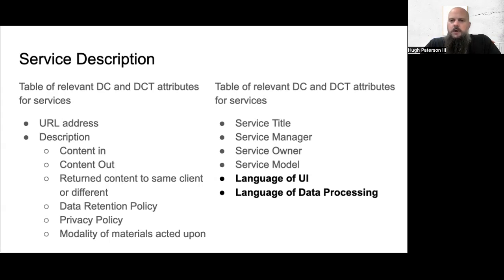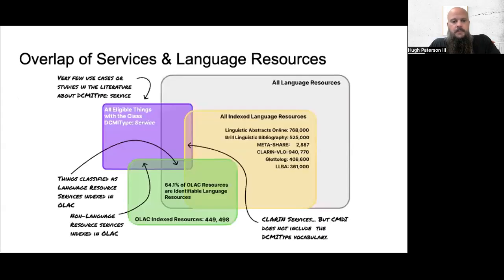We can use a lot of MARC descriptors for the contributor roles, like the service manager, service owner, but for language resources, two of the important things that we need to know are the language of the user interface and the language of data processing. And so there's only one language element. So this is where OLAC and the Open Language Archives Community, if we're going to index services, would really benefit from adding some additional clarification.